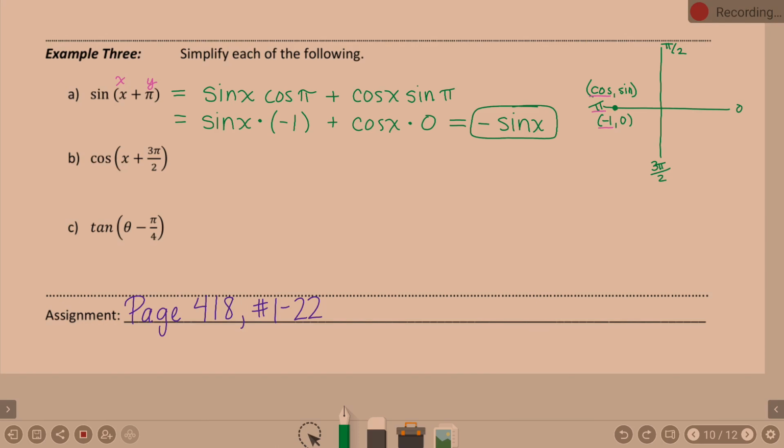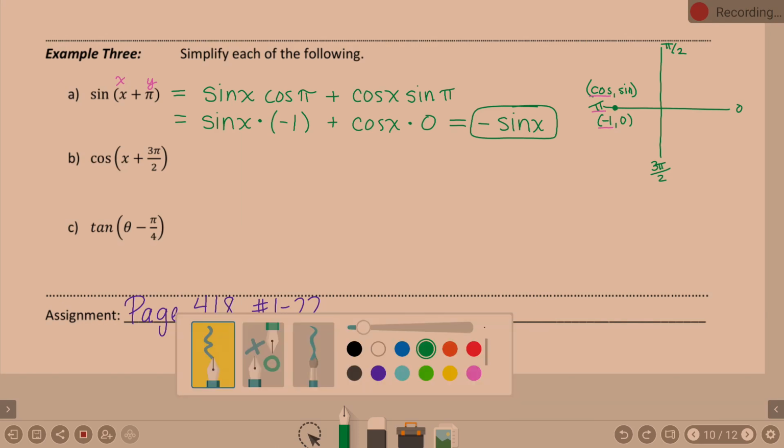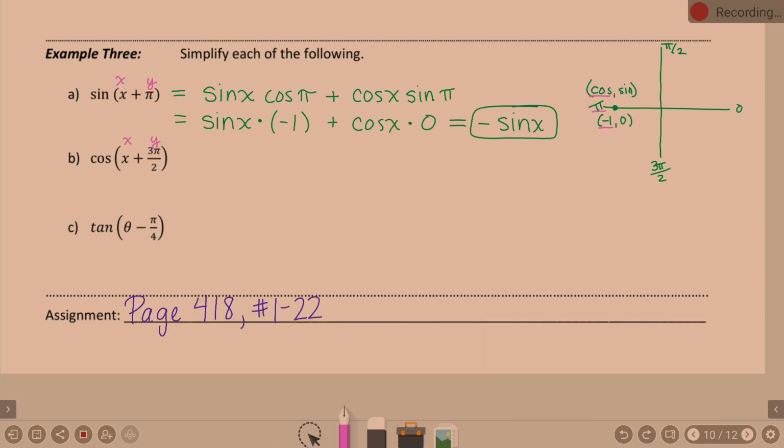Okay? So these simplify down a little bit more because one of them has a number, one of them has a variable. We can simplify it down at least a little bit. Okay. B should be similar. Cosine of x plus 3 pi over 2. So we have a new x value and a new y value. Okay, how's our cosine identity work?